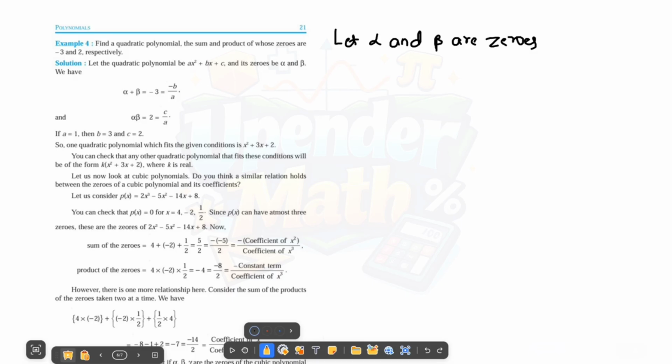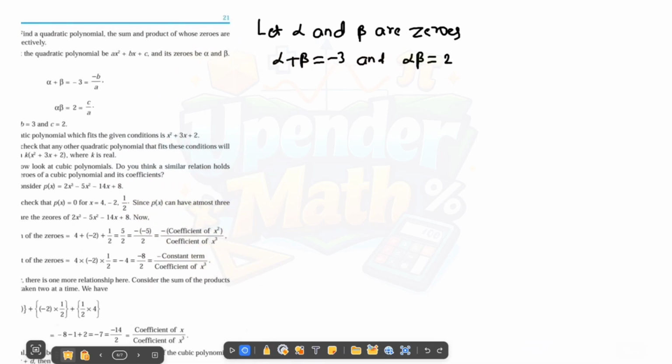So what is given? The sum of the zeros, alpha plus beta, is equals to minus 3, and the product of zeros, alpha into beta, is equals to 2. So we have to find the quadratic polynomial.